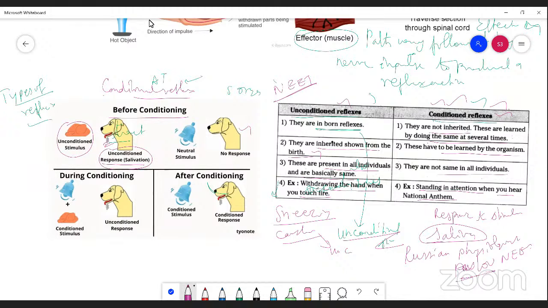Ringing the bell alone is a neutral stimulus, and there is no response.